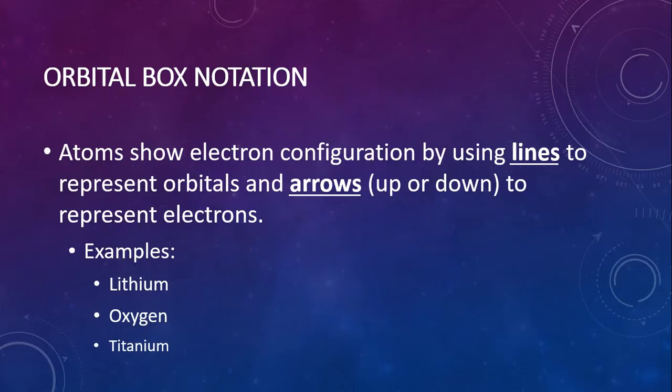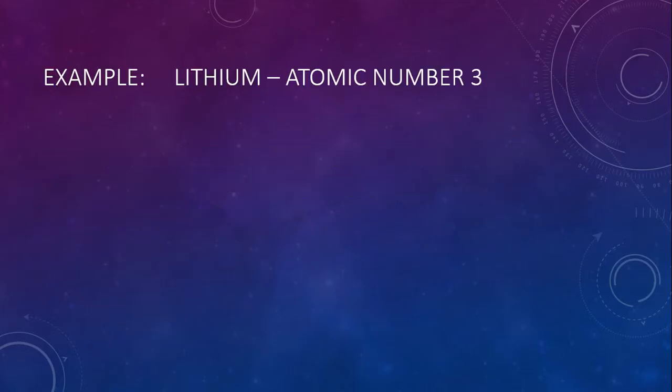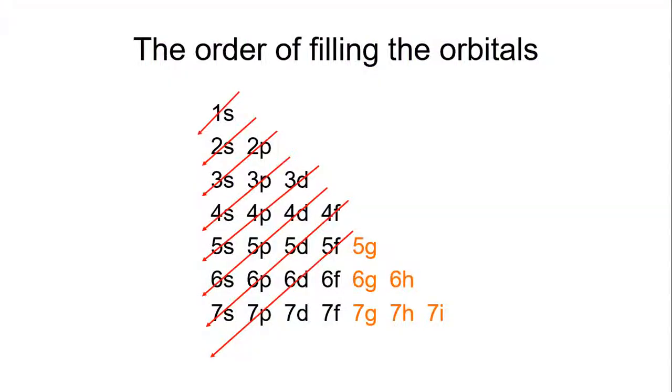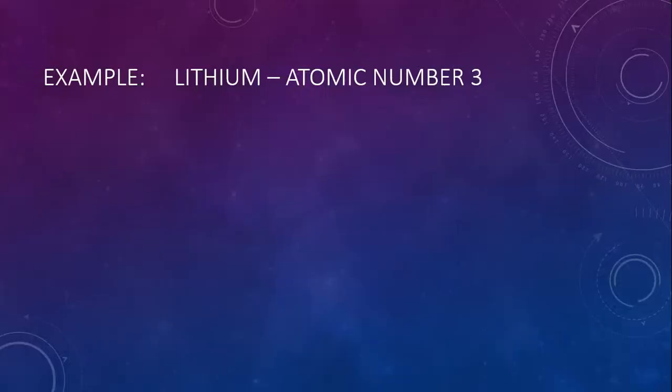So let's look at the first one, lithium. We look in the periodic table, and lithium has the atomic number of 3. That means it has 3 electrons. If we look at our pathway of how they fill, the first place they're going to fill is the 1s. So we first draw a box or an underline and label it 1s.